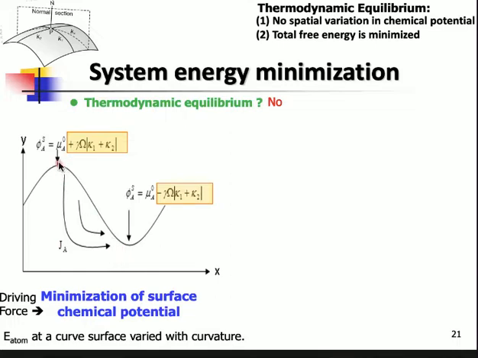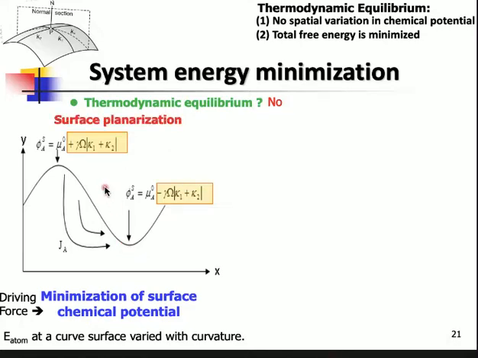So the chemical potential here is a lot higher than here. In order to minimize the surface chemical potential, this atom must be pushed toward here. So you will observe a flux J toward this direction, and that will result in surface planarization.